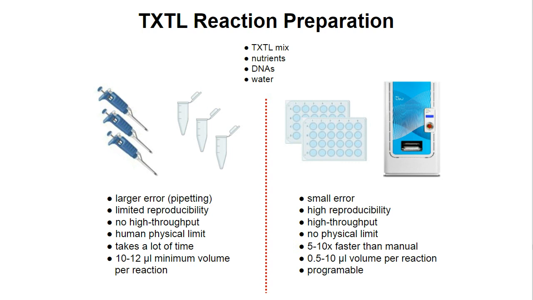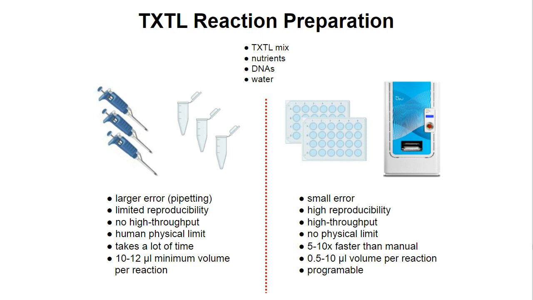When you use pipettes, you typically obtain a relatively large error in your reactions. It means that you will see some reproducibility in your work, but they will have relatively large error from one reaction to the other one. So the reproducibility is kind of limited when you use mechanical pipettes like shown on the left here.